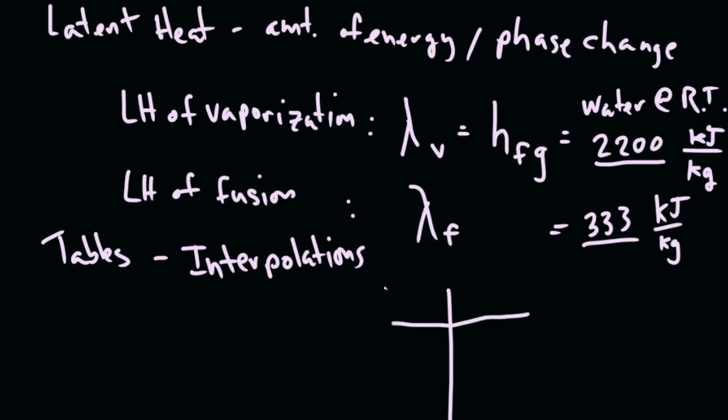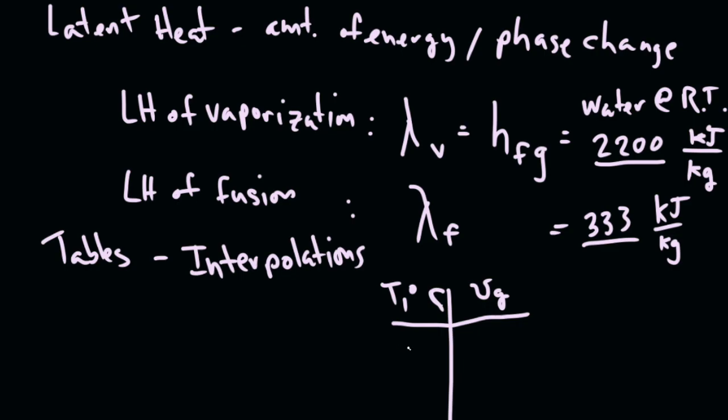Let's say it's temperature in degrees C in the left-hand column, and in the right-hand column it's V sub G, or specific volume of the gas.